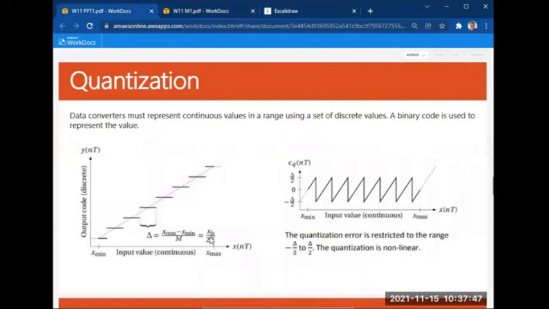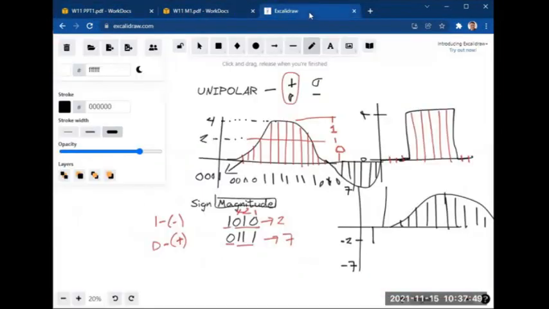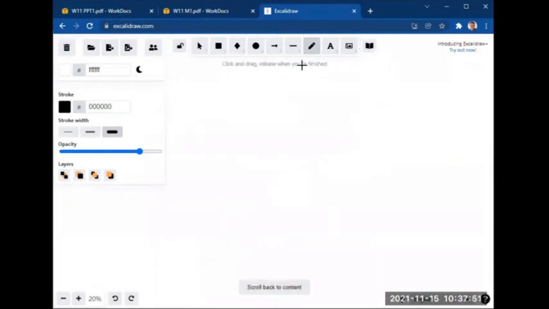Let's try to make an example using higher resolution. Let's say we will do quantization with 4 bits or 3 bits. Let's do 4 bits. Is it capital N or small letter?